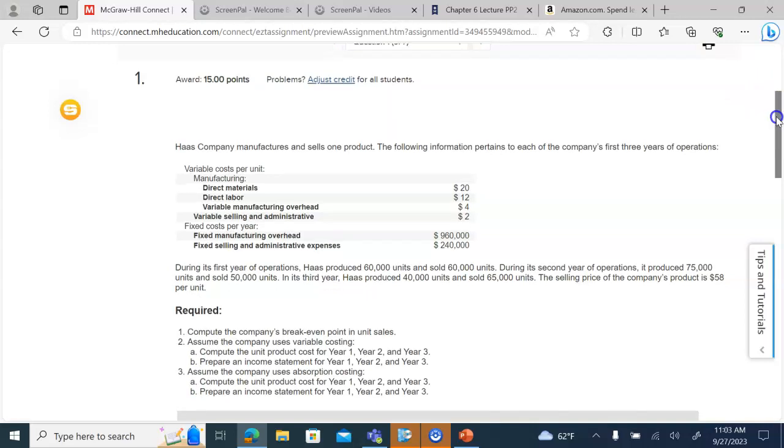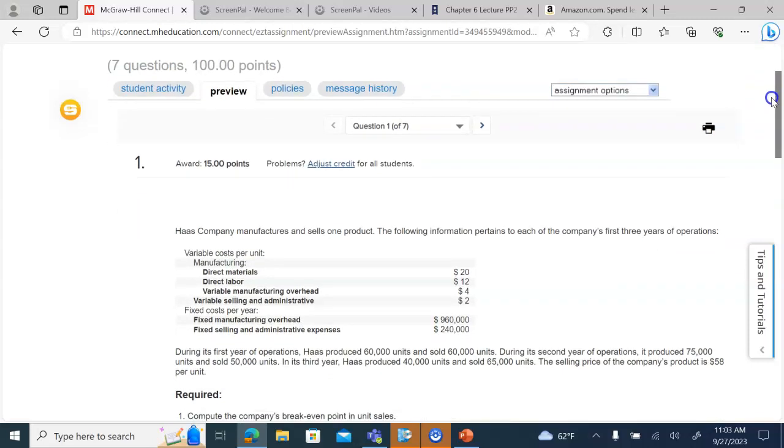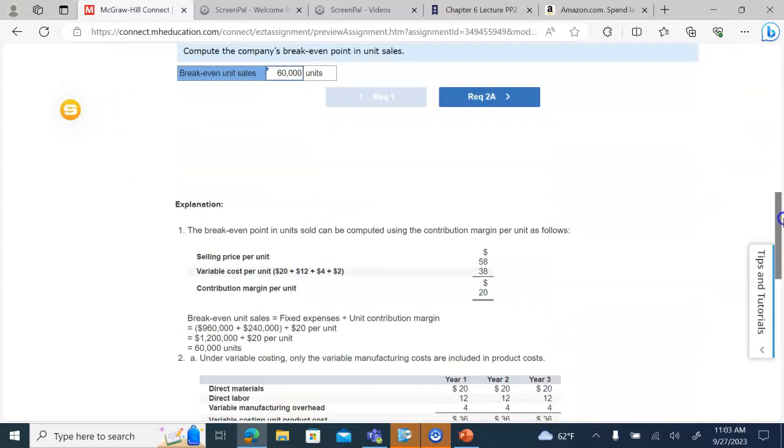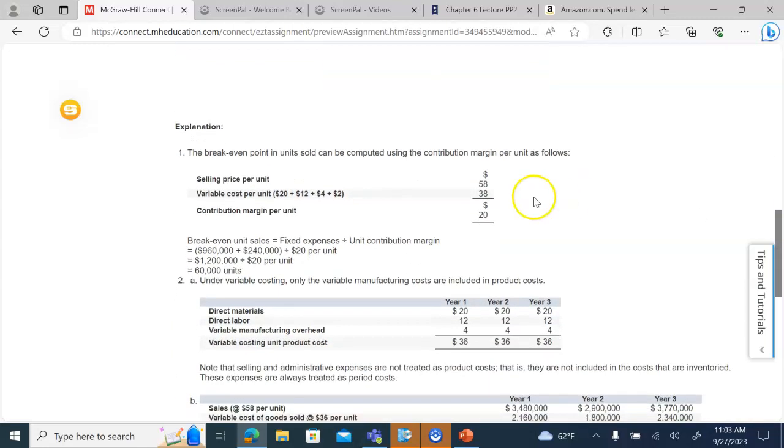If we're selling it for 58 bucks, the variable costs are 38, okay? So we've got a contribution margin here of $20 per unit, right?